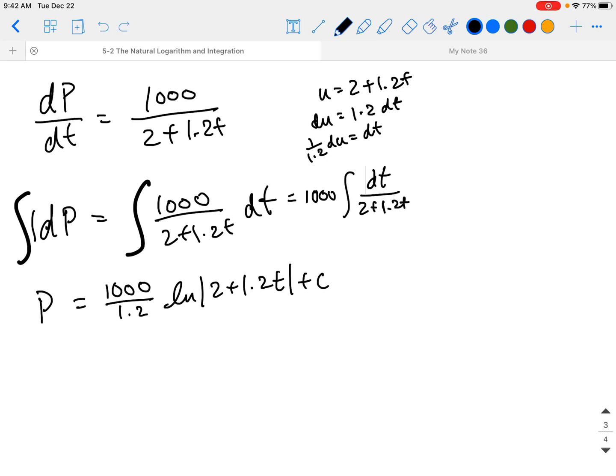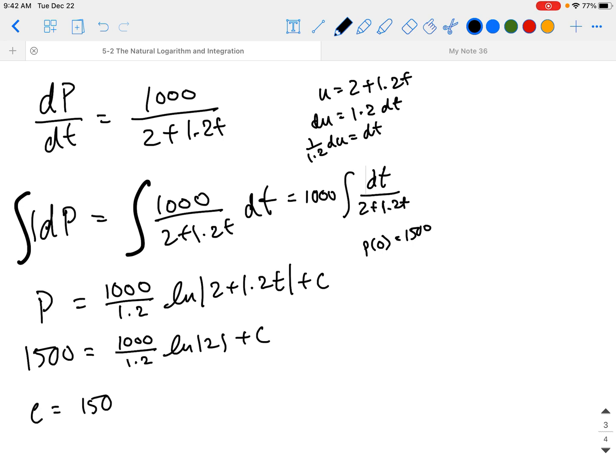So we need to figure out the particular population function, and here's where we're going to use the fact that we know that P(0) is 1,500. So that means that 1,500 is going to equal 1,000 divided by 1.2 times the natural log of 2, since 1.2 times 0 is just going to be 0, plus C. So then we get that C is going to equal the difference of 1,500 minus 1,000 over 1.2 times the natural log of 2. So that's going to be some approximation.